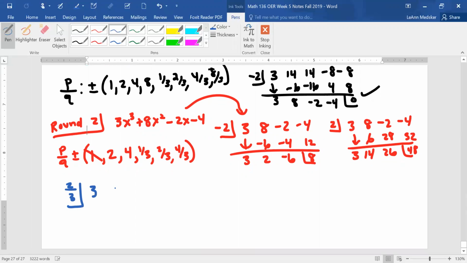So this is 3, 8, -2, -4. Pull down the 3. That's going to be a 2. That'll be 10. And then this is where it starts to fall apart, because that's 20 over 3 when you multiply, which means I have to make this guy also have a common denominator. So -6 over 3 and 20 over 3 is 14 over 3. And then my remainder column is going to be multiplying these guys together, 2/3 and 14/3.